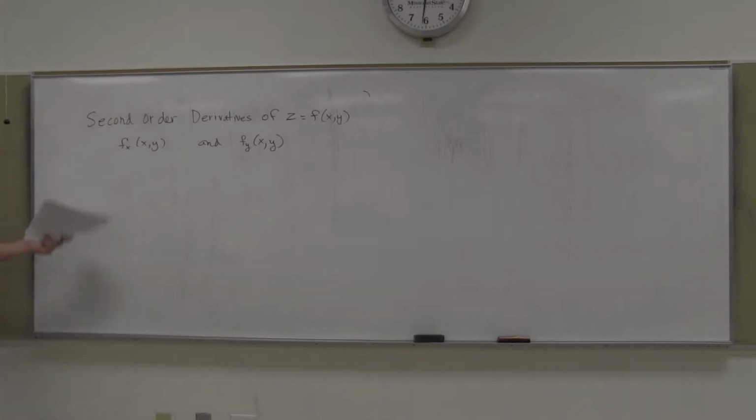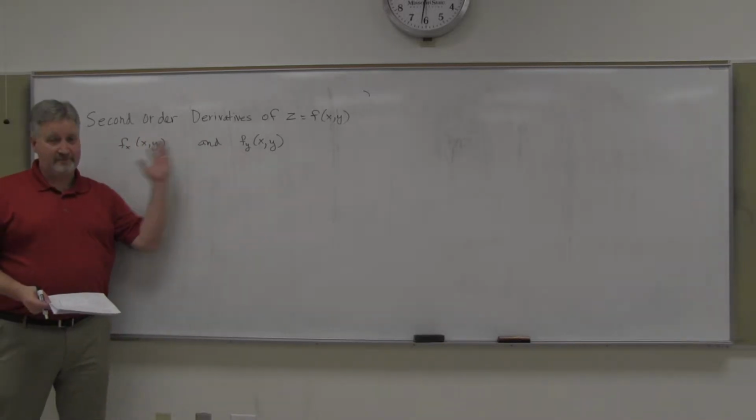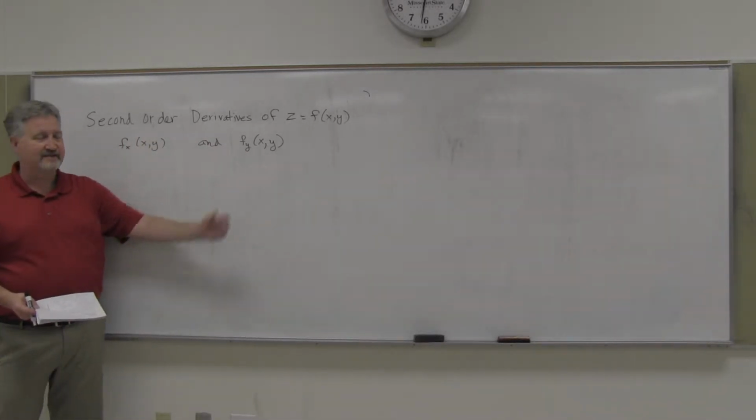So you've got two first order derivatives. That in itself is more complicated, because to do a second derivative, I'm going to have to do something with both of these.